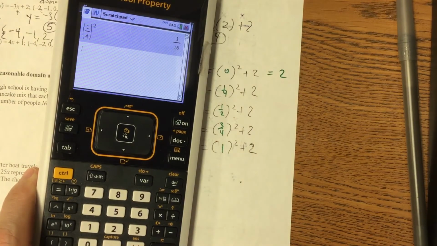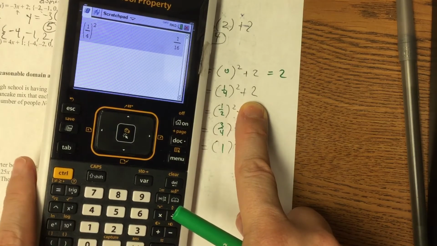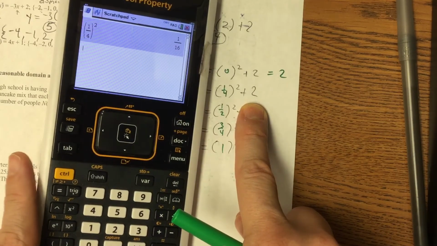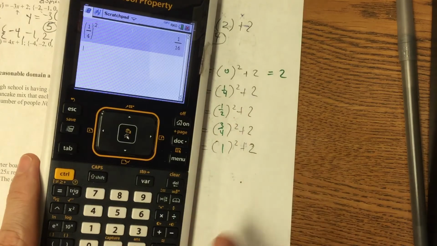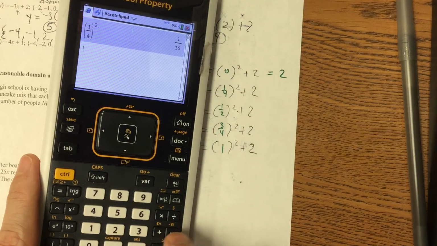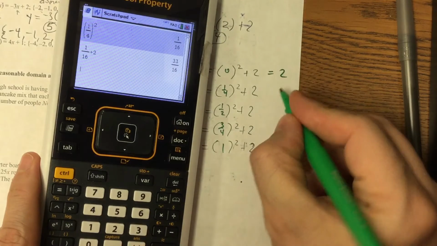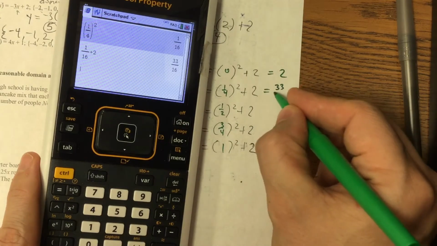There's my 1/16. And then I have to add 2 to that, which is a little hairy. Okay, we don't write mixed numbers in algebra. We don't deal with mixed numbers. We're going to leave it as an improper fraction, a real nasty, gross looking one, and we're okay with that. That is what we get. 33/16.